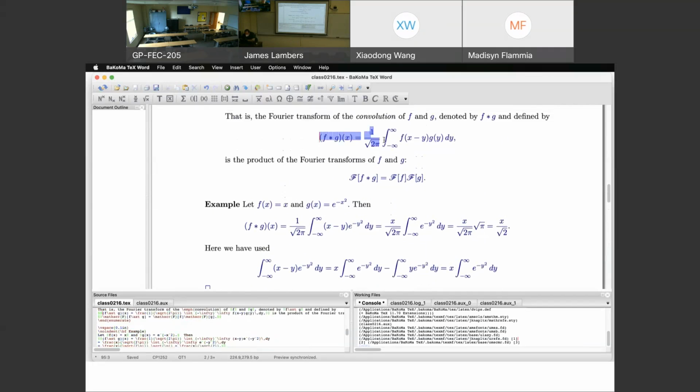Okay, so the convolution formula is you have 1 over square root of 2 pi out front, integral from minus infinity to infinity. One of these functions is evaluated at x minus y, the other is evaluated at y. Due to symmetry, it doesn't matter which one; the convolution is commutative.